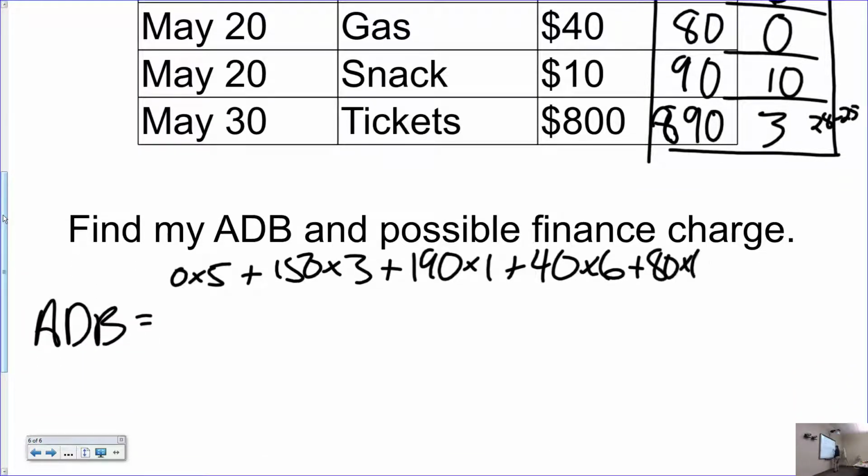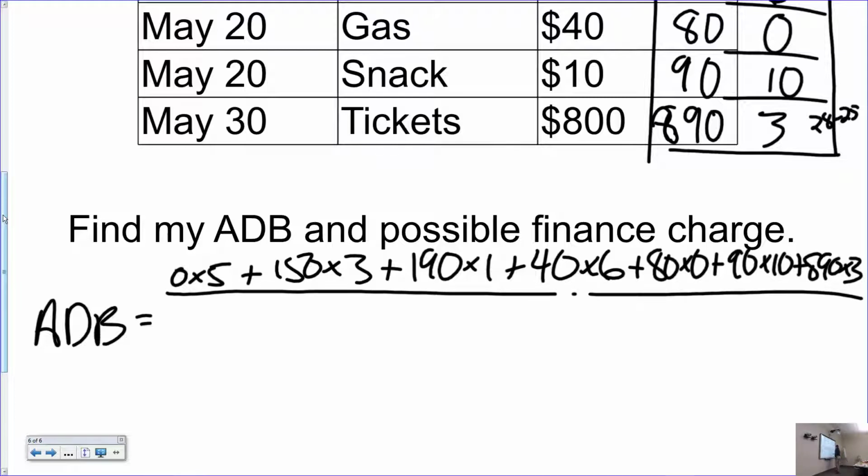Again, don't freak out when it's 0. Let it be 0. Plus 90 times 10 plus 890 times 3. And then divide that by 28.